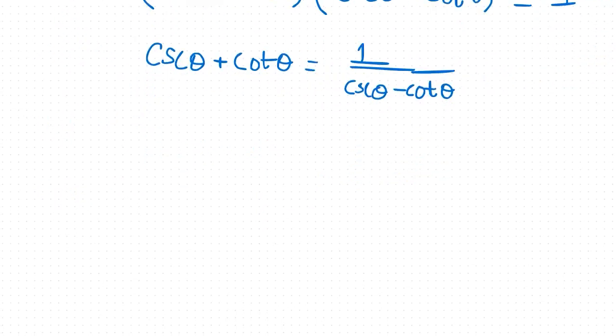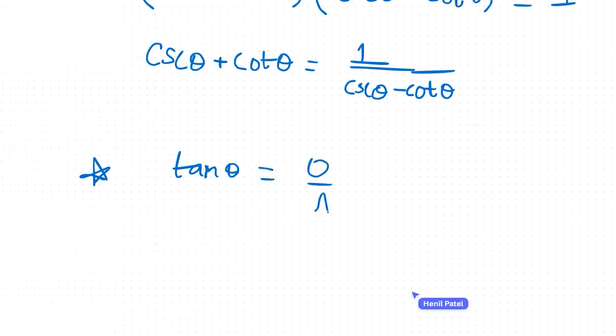And one more small thing to remember is the tan theta value. You know that tan is opposite by adjacent. There is one more formula apart from that: tan theta is equal to sine by cos.